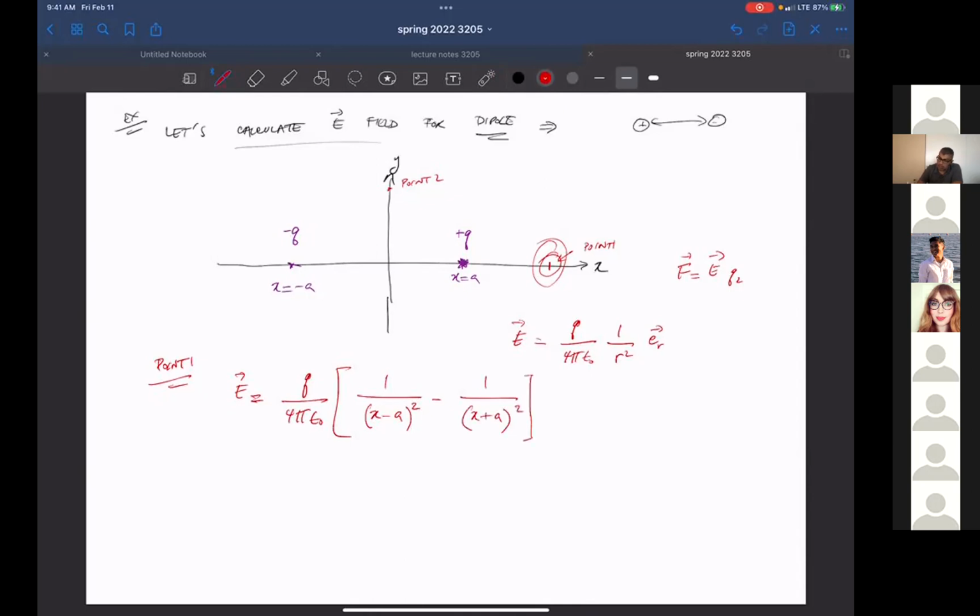Let's call this guy i, and let's call this guy j, the directions pointing that way. So it'll just be the unit vector pointing in the i direction, which is that guy.